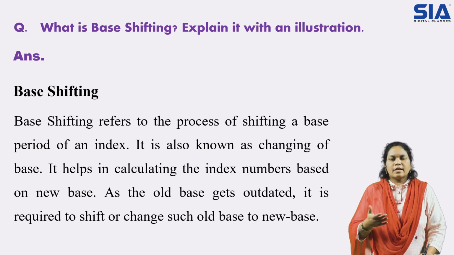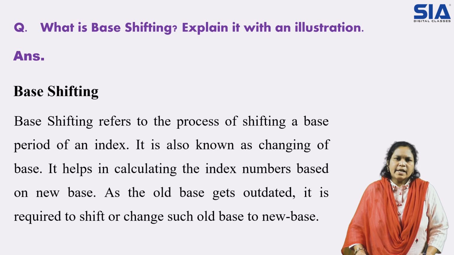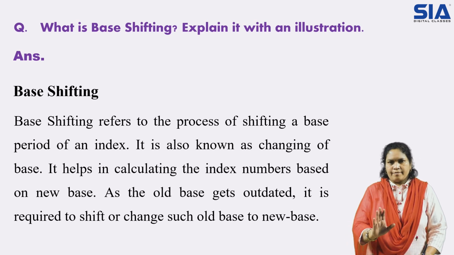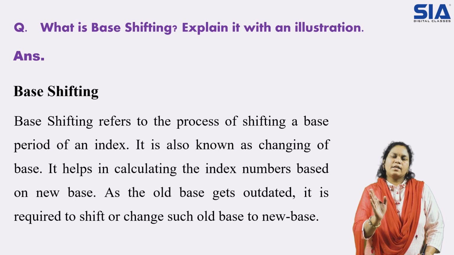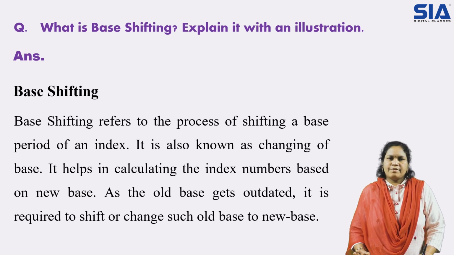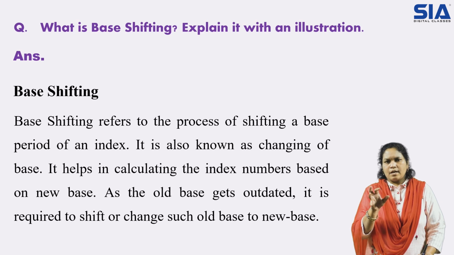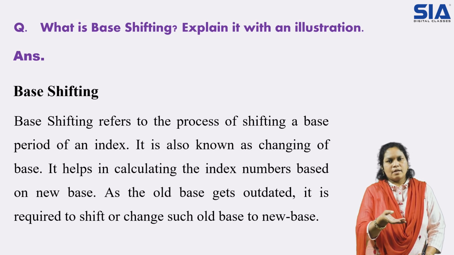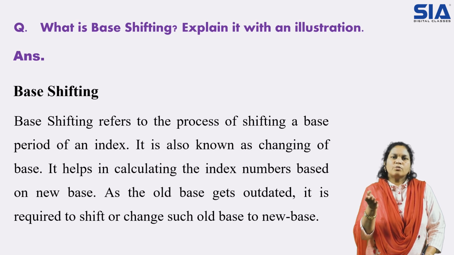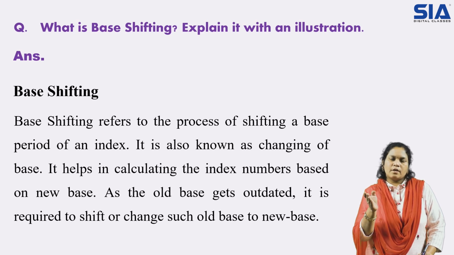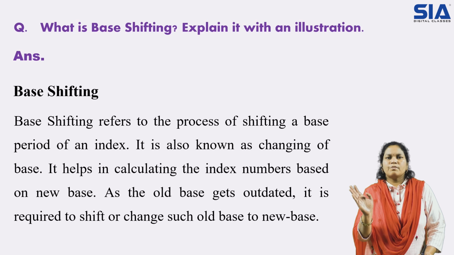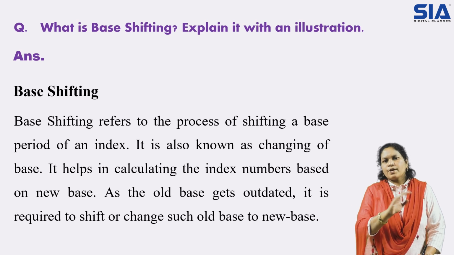Like a real-life example: if you consider some 10 years of data, or 5 years of data, I have in my hand. In one of the years, a lot of influence has happened. For example, in 2019, 2020, 21, 22, we had the influence of Corona, right?